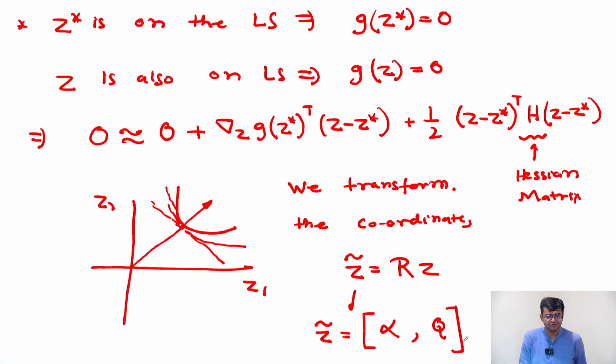It is simple because here I had written Z1 and Z2. In reality, you will have Z1, Z2, Z3, Z4, up to Zk. When you transform it, you will get Z tilde 1, Z tilde 2, Z tilde 3 up to Z tilde K. Now this Z tilde 1 will be my alpha. Everything else is written together in Q. So that is why it is k minus 1 unit vectors or k minus 1 basis vectors.